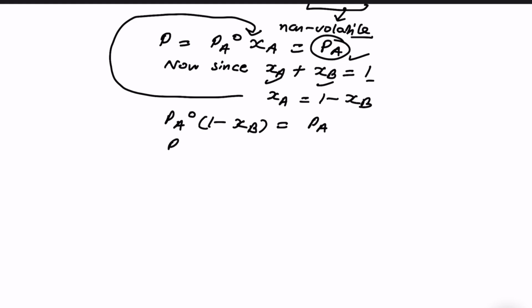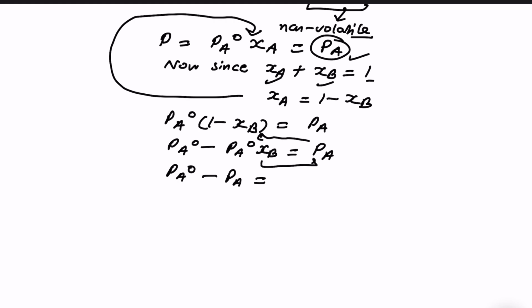So this will be PA naught minus PA naught into XB is equal to PA. From here, if I take this to this side and bring this to the other side, I will have PA naught minus PA is equal to PA naught into XB. So PA naught minus PA divided by PA naught is equal to XB.